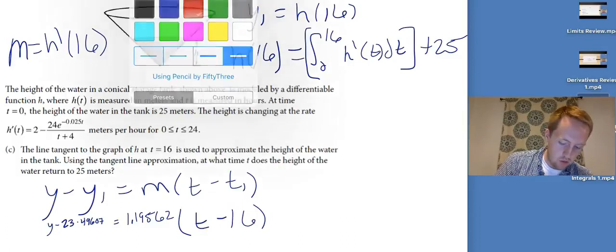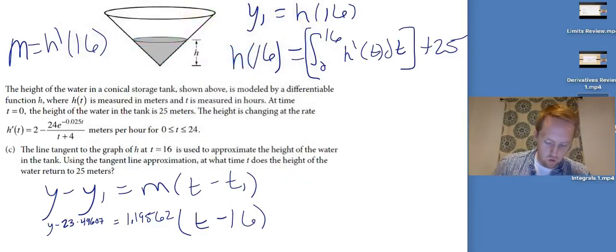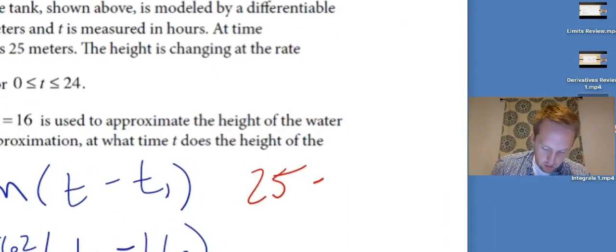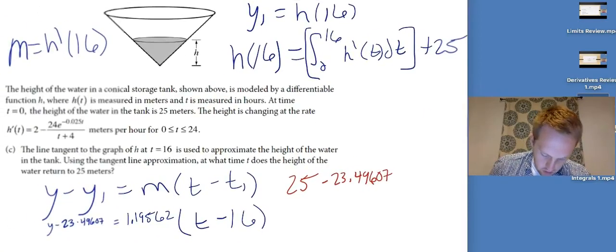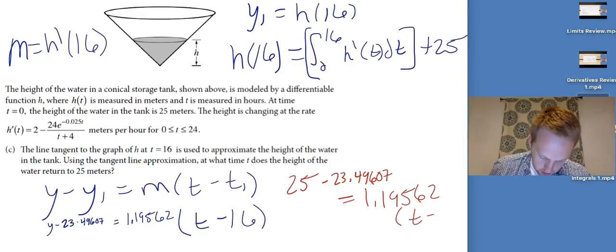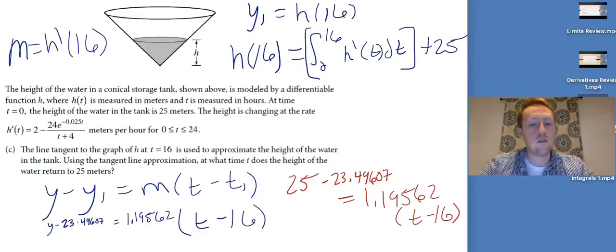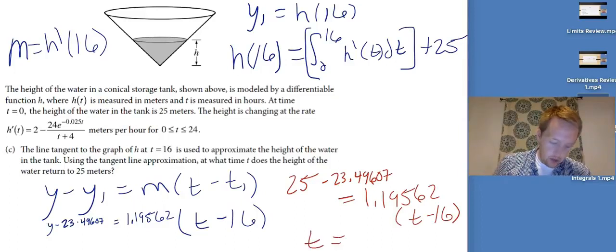So that's going to look like 25 minus 23.49607 equals 1.19562 times t minus 16. Now all I got to do is solve for t, and you know what that means. I'm going back to the calculator. I'll be back in a second. Look at me just casually writing t equals 17.258.